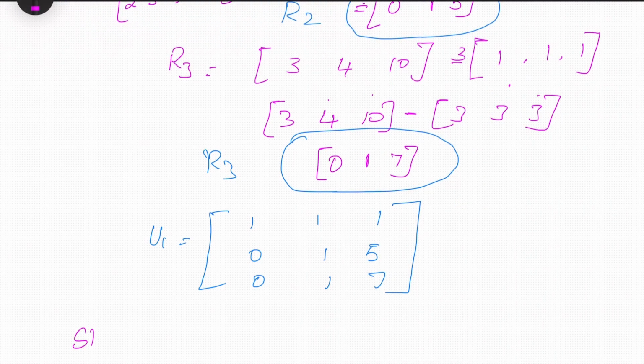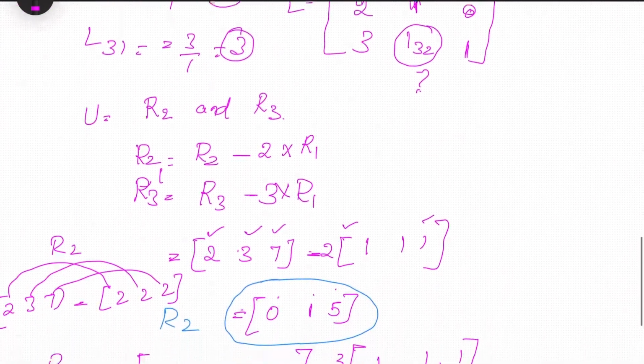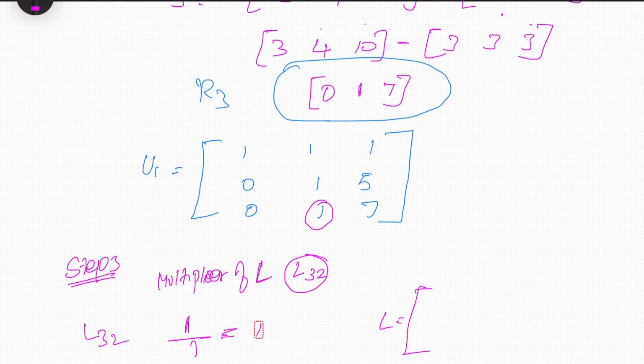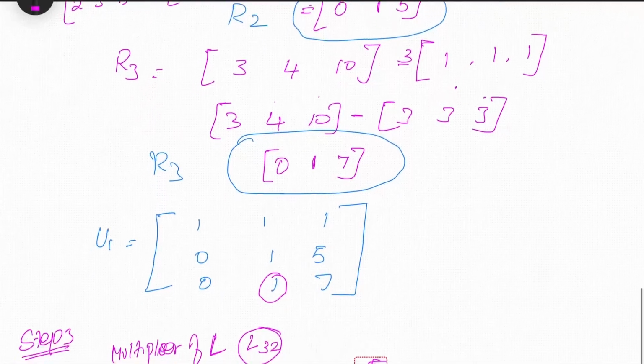So the changes will be in row 2 and row 3. So row 2 will be row 2 minus 2 into R1, and R3 will be similar.